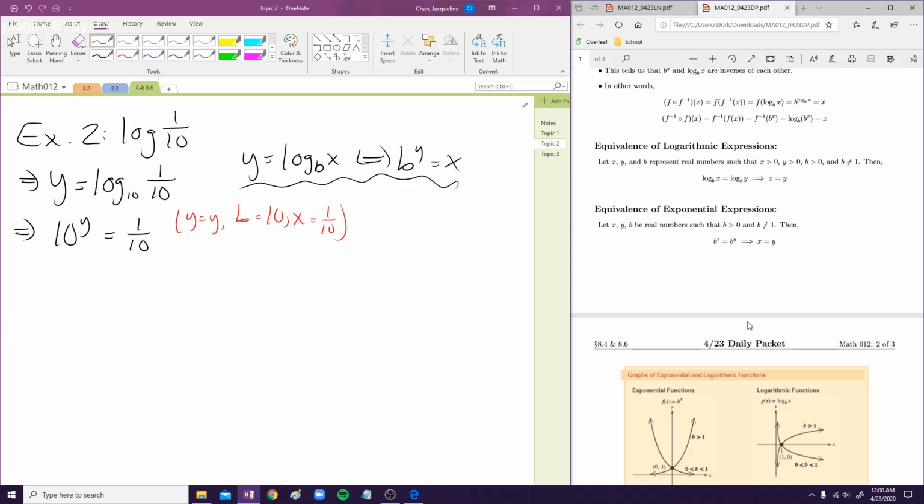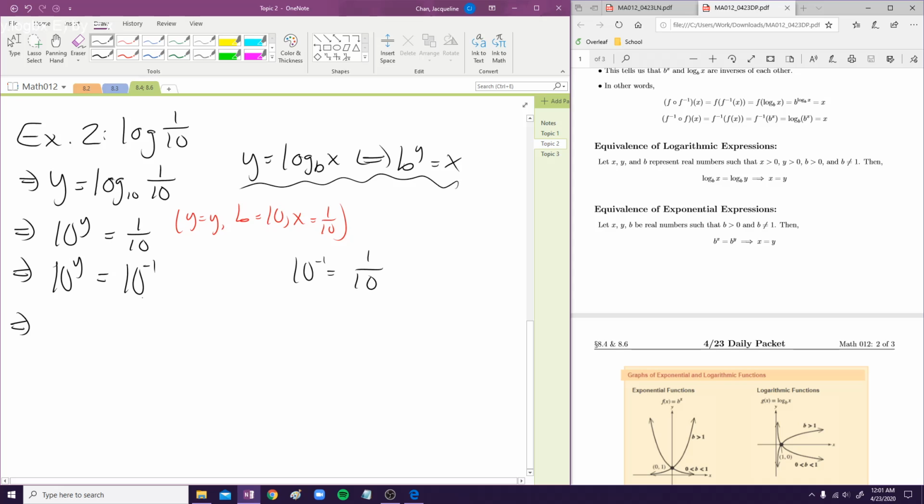So what can I do? What do we know? This is 10 to the y. 1 over 10 is the same as 10 to the negative 1. It brings the 10 downstairs. So these are the same.